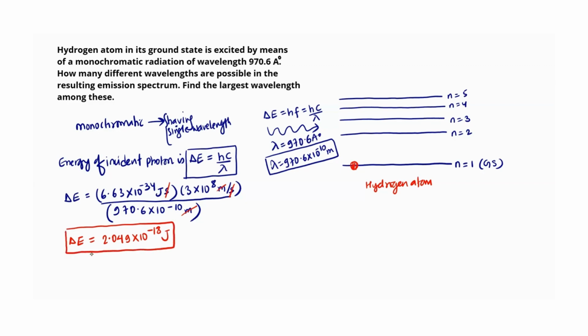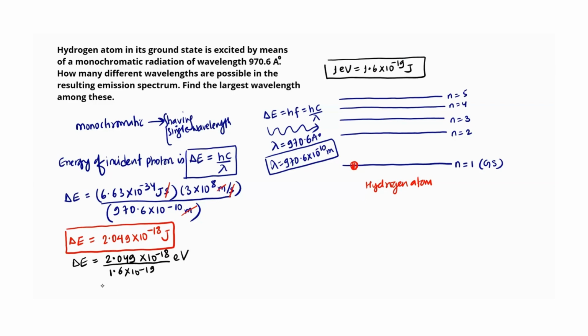So this is the energy of the incident radiation in joule, and we know 1 electron volt equals 1.6 times 10 power minus 19 joule. So we are going to change this energy into electron volt. We can write delta E equals 2.049 times 10 power minus 18 divided by 1.6 times 10 power minus 19 electron volt.